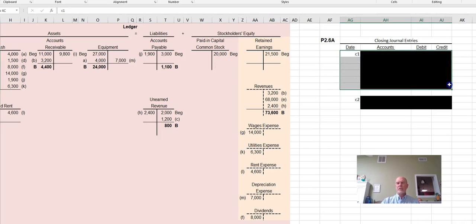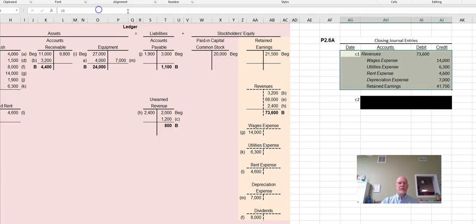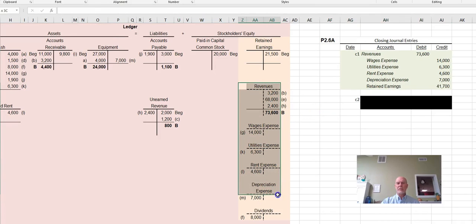The first closing entry is to take care of all of these income accounts, revenues and expenses. So we're debiting revenues for 73,600. When we debit the revenue account for 73,600, it goes back to zero.